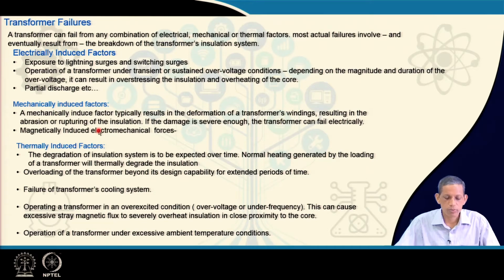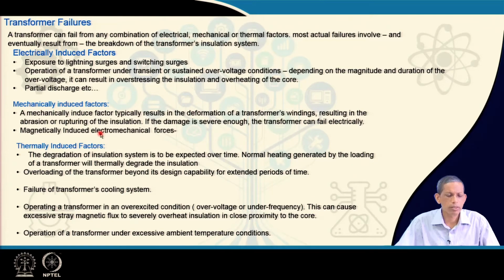Operating the transformer in overexcitation also leads to a large amount of current and magnetic flux linkage issues and core heating. Furthermore, the ambient temperature is another issue from the thermal perspective.